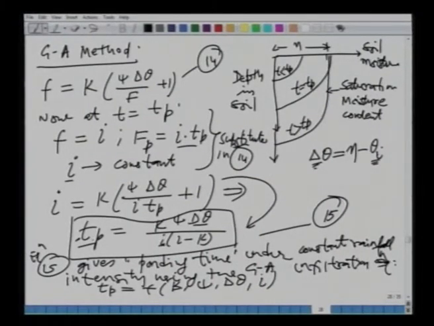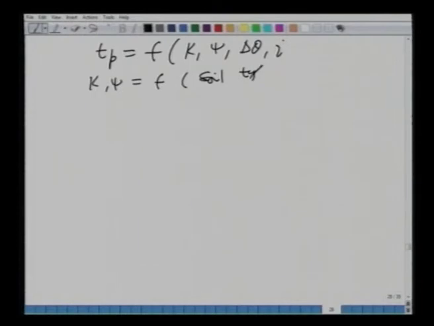Let us move on further from here. I already said on the previous page that your time to ponding is a function of many parameters: k, psi, delta theta and I. Here k and psi are functions of soil type, so the time to ponding depends upon the type of soil in the catchment.